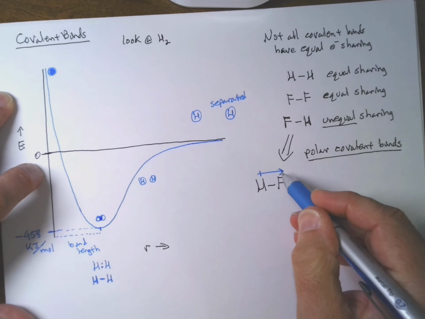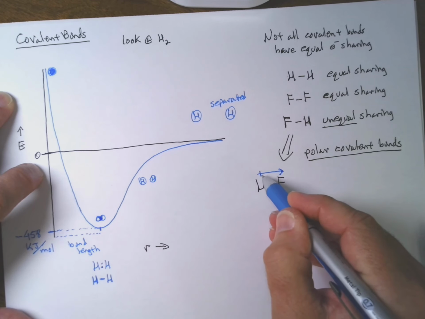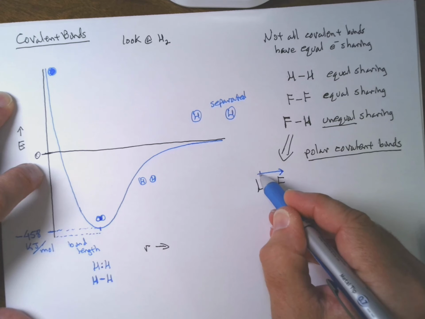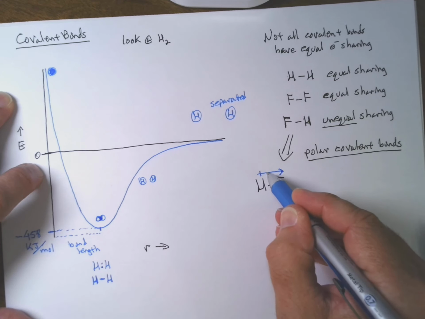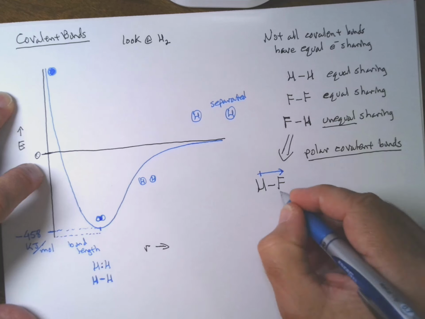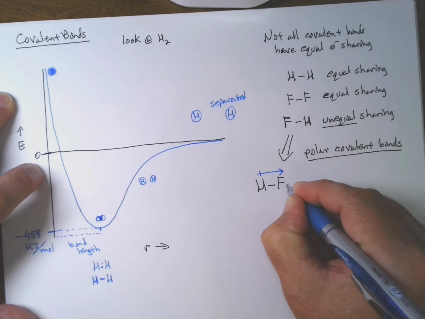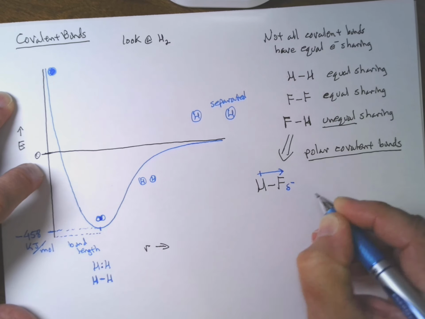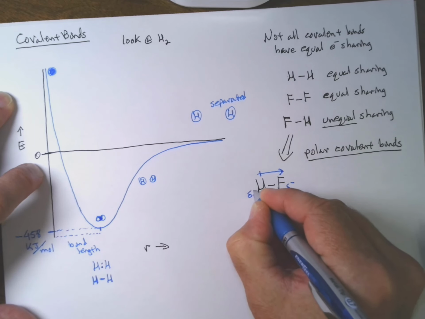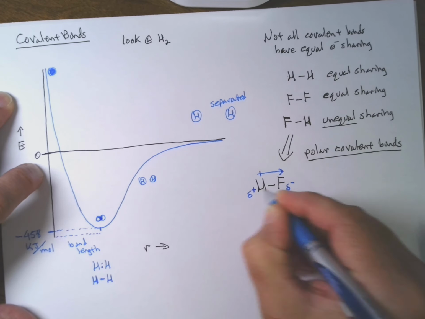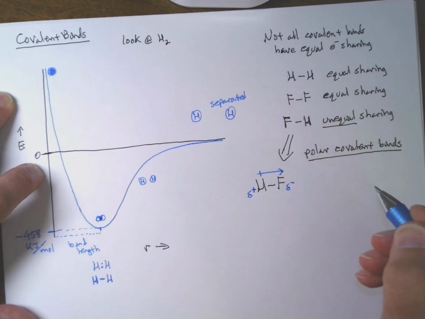We can indicate that with an arrow with sort of like a little plus at the end that the electrons are being pulled from. And then we can write a Greek letter delta, lowercase delta, with a minus to indicate a partial charge. That's what these deltas mean, partial charge.